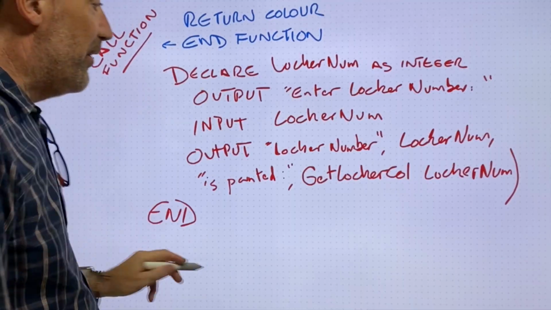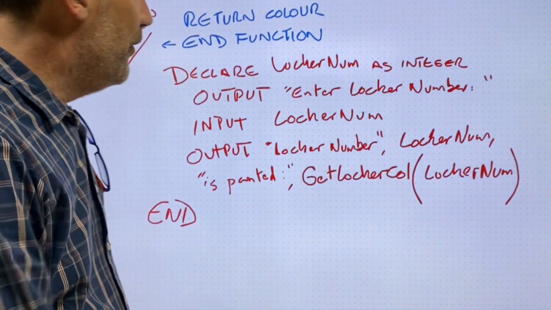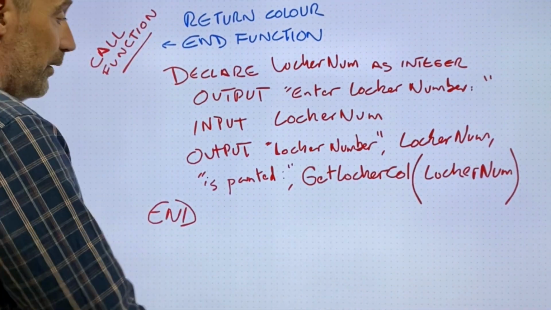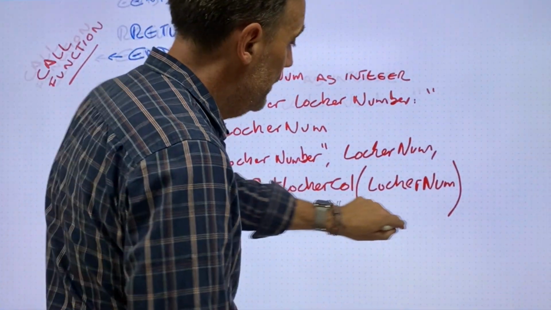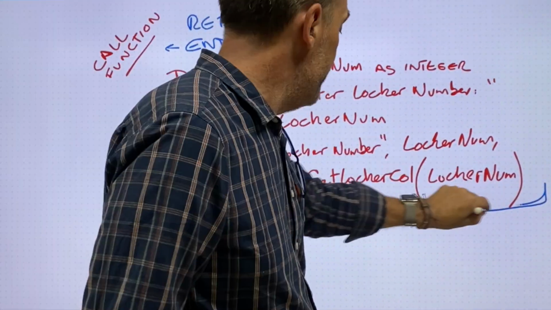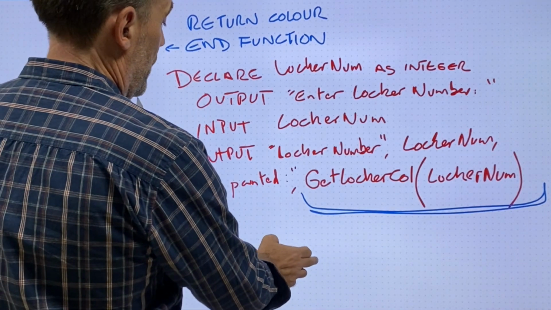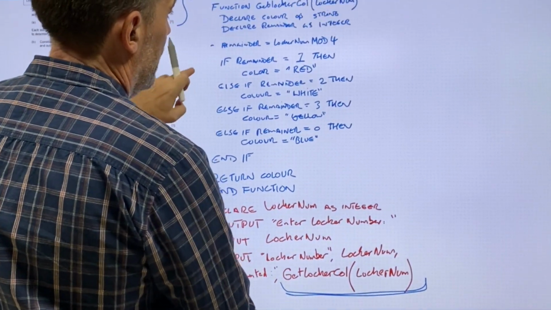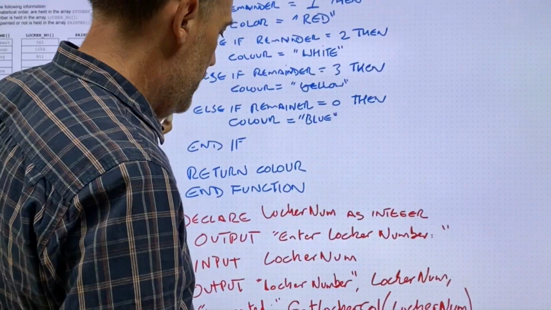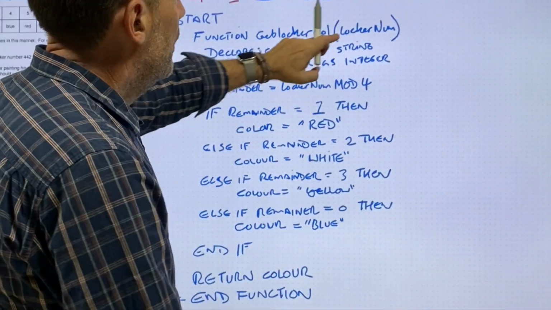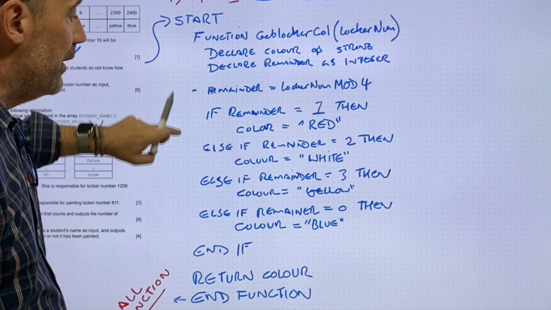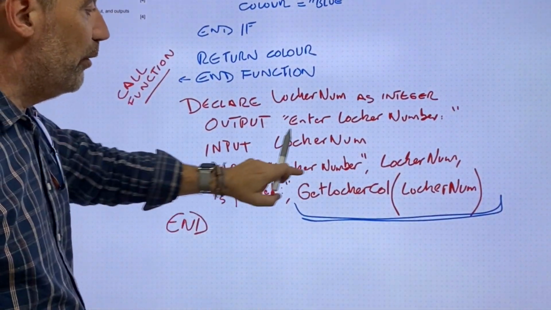Basically, I've missed off that bracket. So this bit here relates to get locker colour locker number. That's my function, and this is how I call my function.